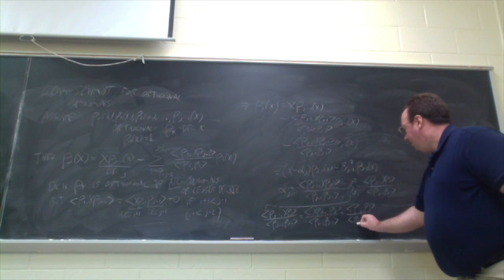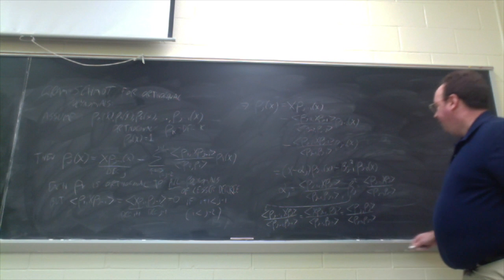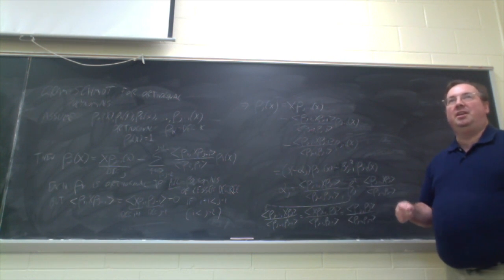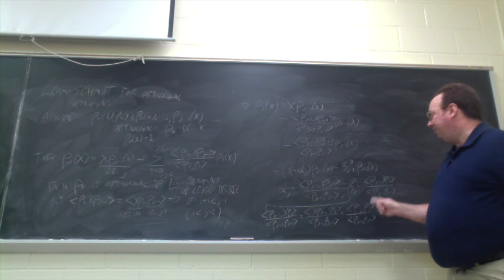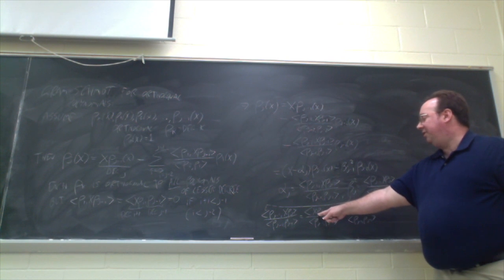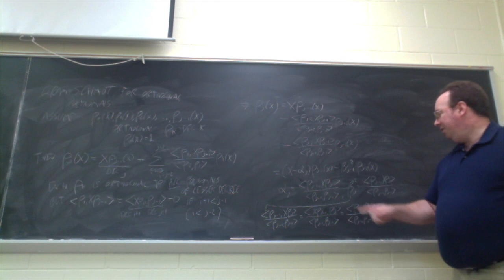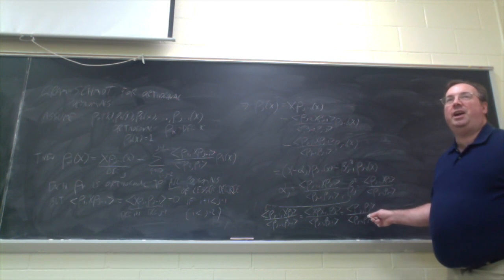Now, to justify the move I just made, xpj minus 1 and pj are not the same. So why can I replace it in a product? The reason is pj is equal to this minus lower degree polynomials, to which pj's are orthogonal anyway.